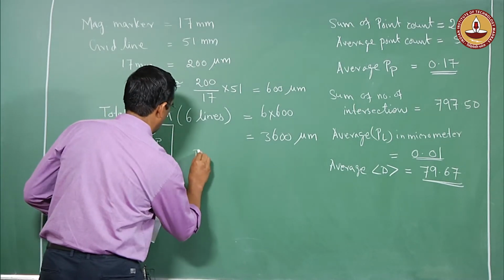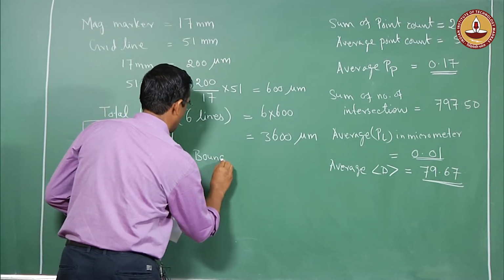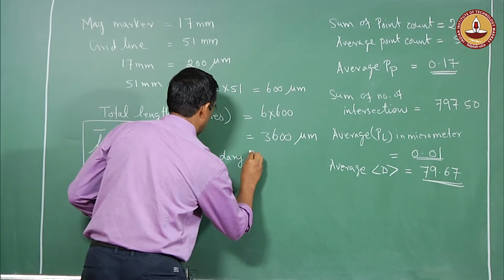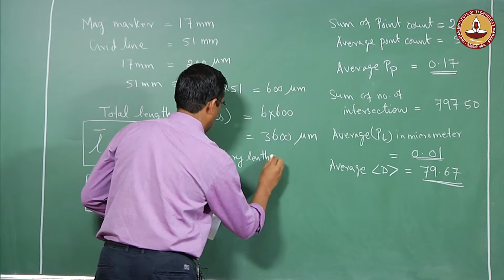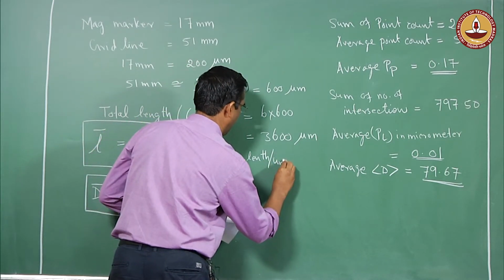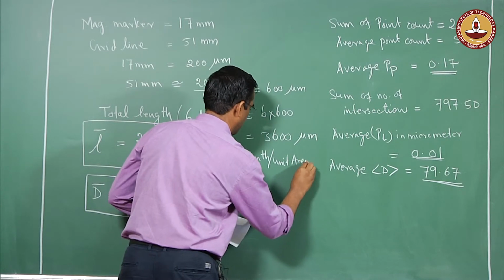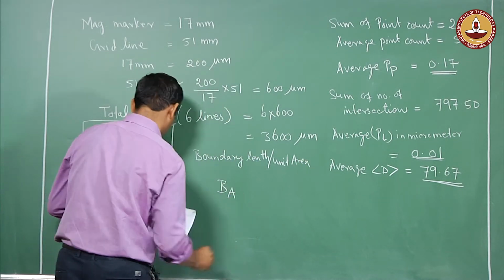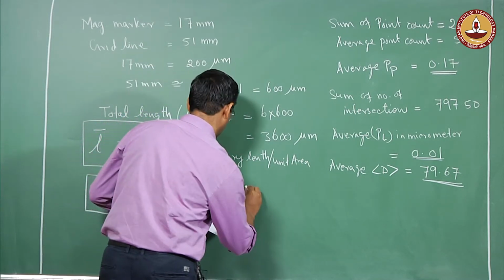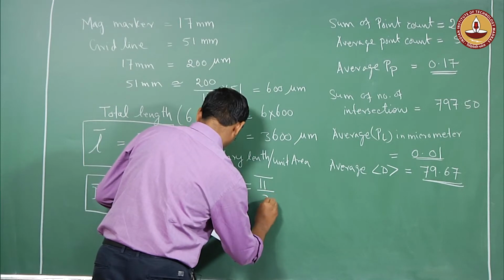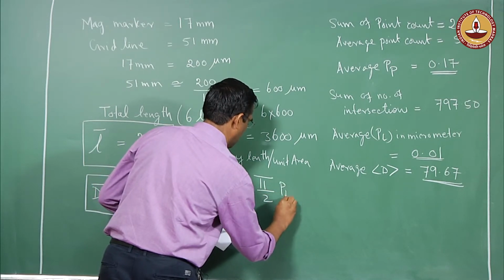parameter called boundary length per unit area, which is equal to pi by 2 into PL.